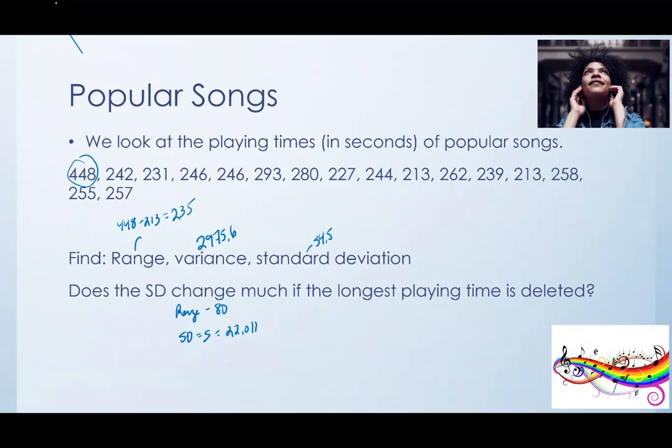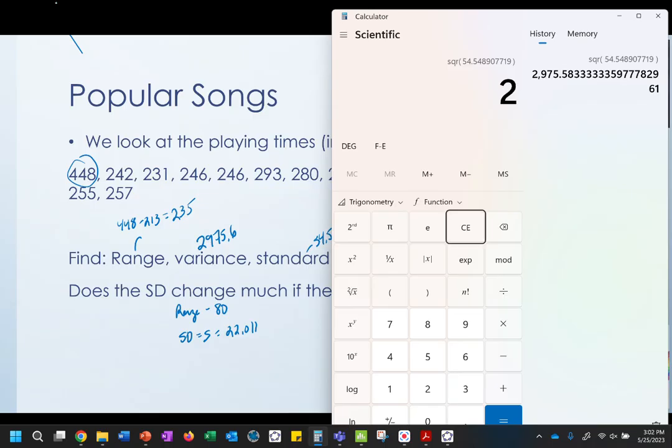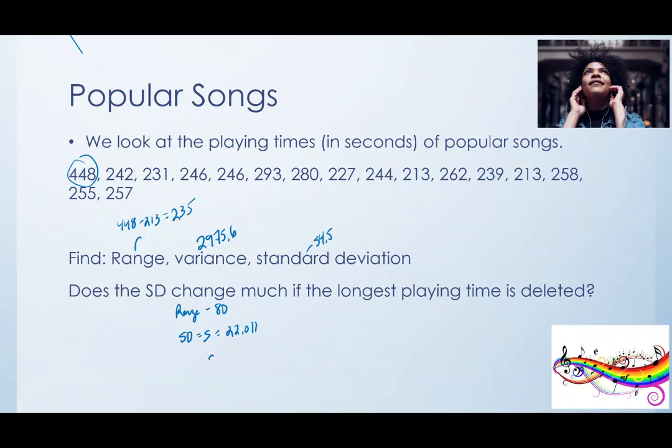Why don't I do that on this calculator? 22.011 squared is 484.48. So you can see that those values changed a good bit, but the standard deviation changed about 30. The range, though, changed like 150 in round numbers. So that was quite a large change.